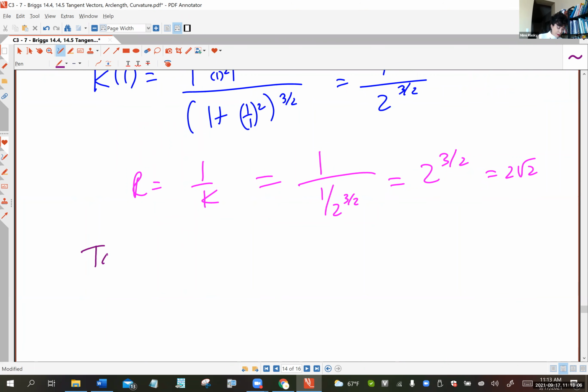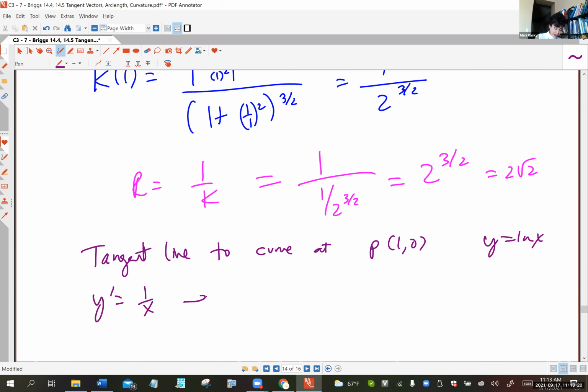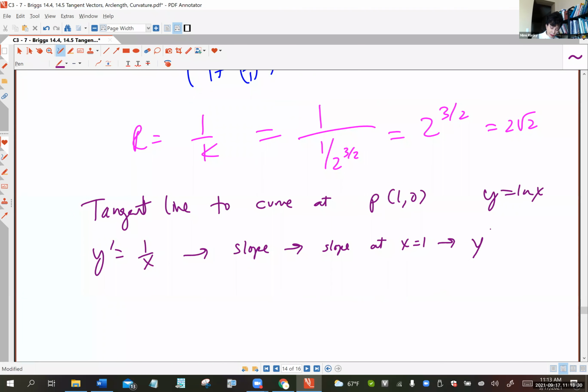Okay. So step 1, tangent line to the curve at the point 1, 0. And remember, the curve is y equals ln x, right? And we already got y prime, which is 1 over x, because that's going to give us access to the slope. So the slope at the point when x is equal to 1 would be nice to have. That will be y prime evaluated at 1. Ooh, that's pretty easy.